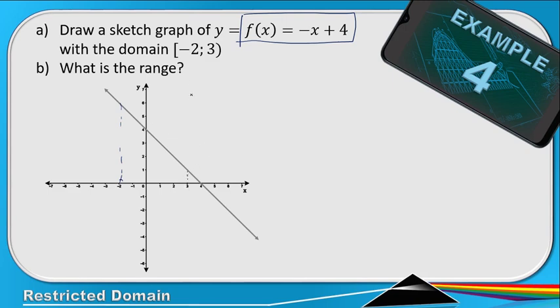Now, how we're going to sketch that is another thing we have to pay attention to, which is these brackets. We can see that the first bracket is a square, and if it's a square bracket, we know that it includes -2. So the point -2 is also part of the graph. But if we look at the round bracket, it excludes 3, meaning the point at 3 is not part of the graph. So how to represent that?